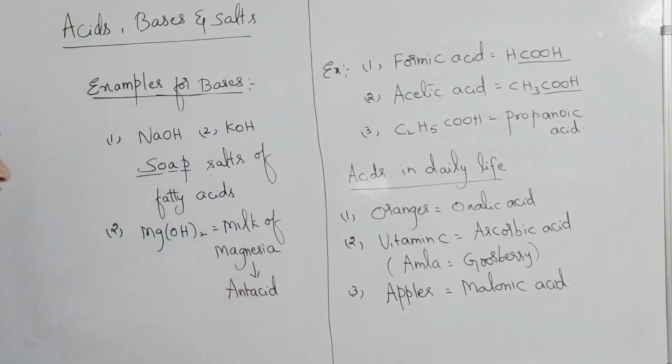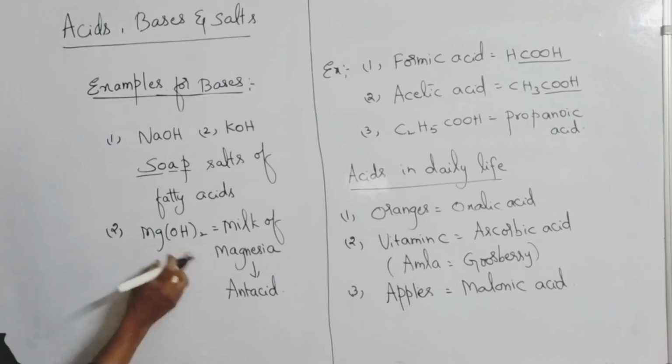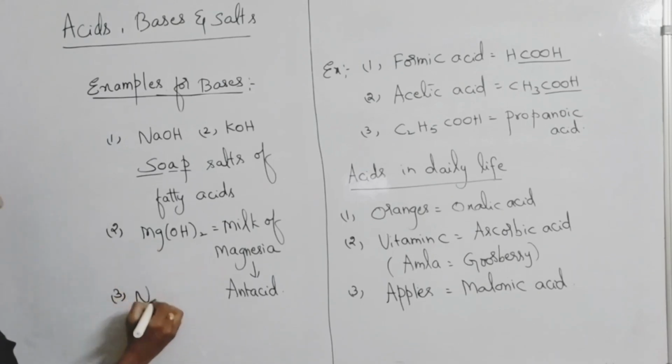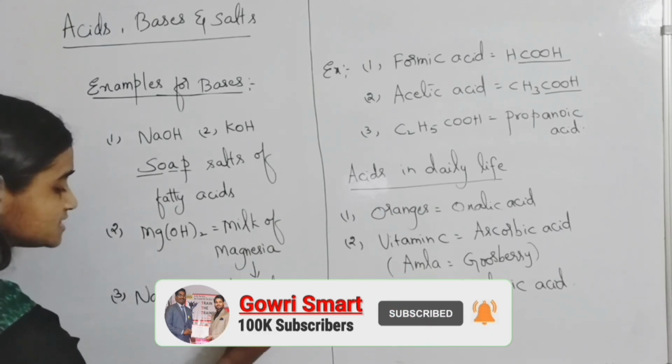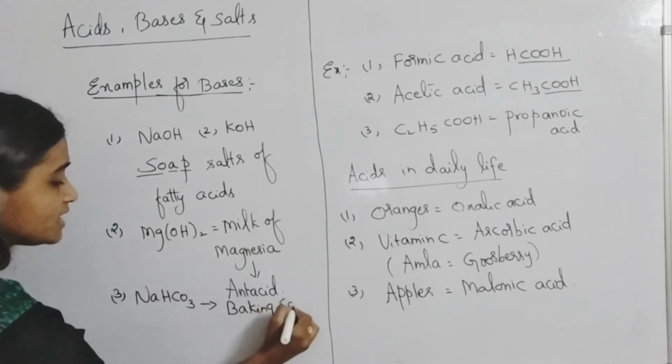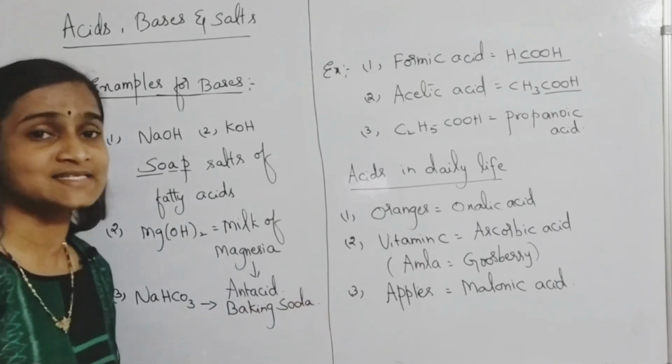So magnesium hydroxide is there in antacids. And you can even take sodium hydrogen carbonate, which is called sodium bicarbonate, or baking soda. Baking soda is an example of a mild base which can be treated as an antacid.